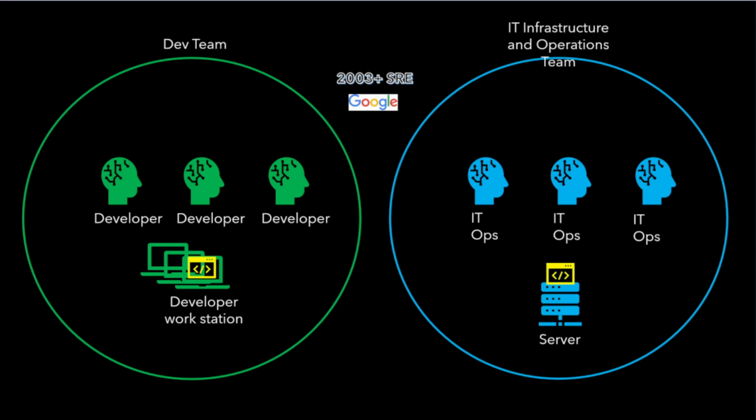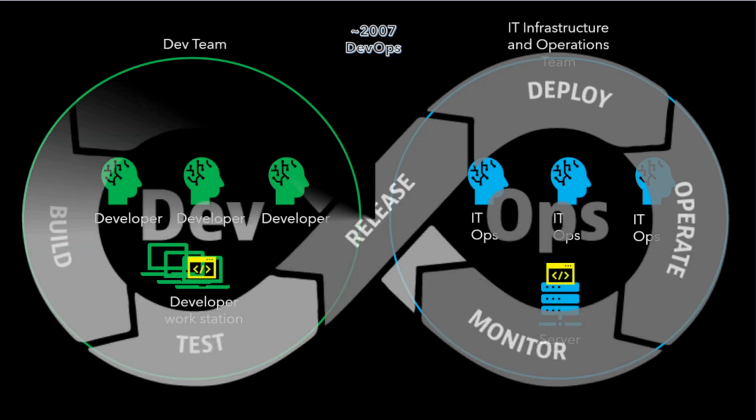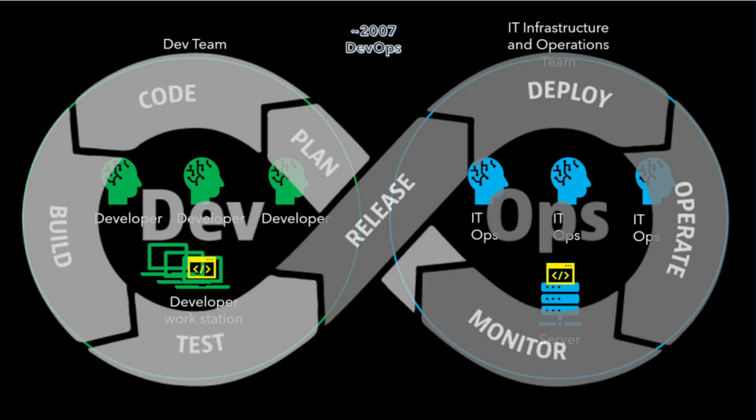Given the evolving understanding of the problem since 2003, together with the appearance of new tools such as Jenkins that allowed continuous integration and continuous deployment, SRE had to make place for a shift in mindset, a new set of practices and tools that would address the problem of reliability of software in production differently, in a holistic manner, by providing a feedback loop from development teams to IT infrastructure and operations teams and back, addressing all of the stages of the software development lifecycle.